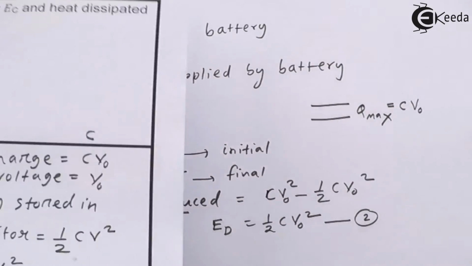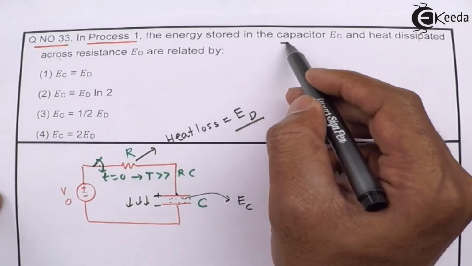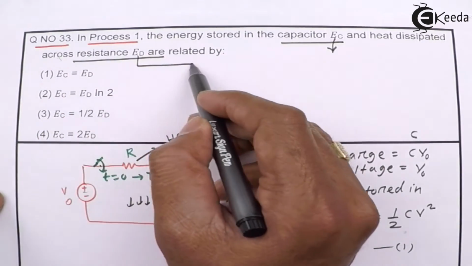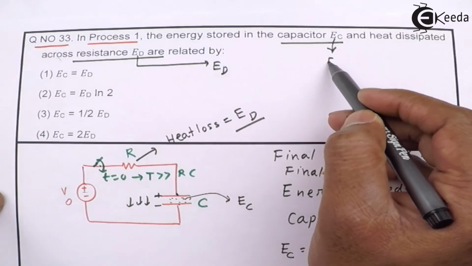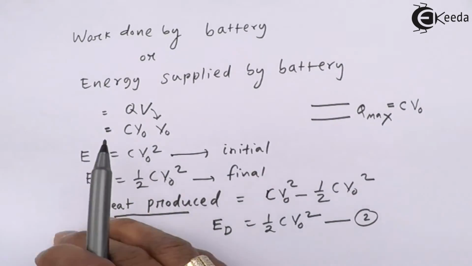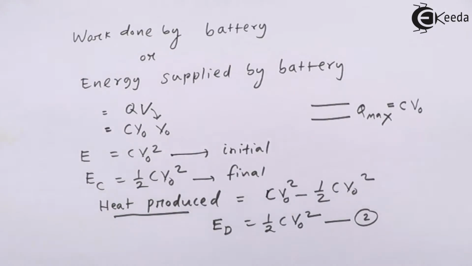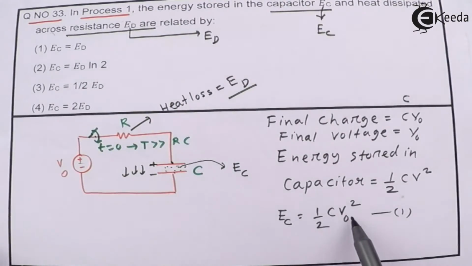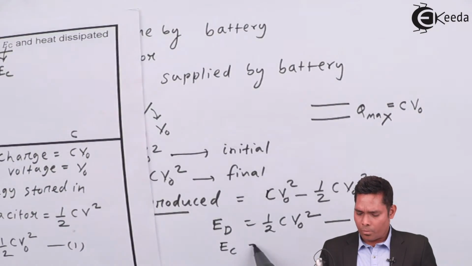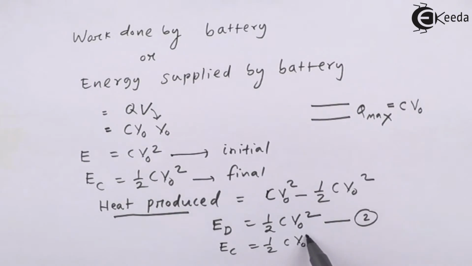Now our aim is to compare the energy stored in the capacitor, EC, with the energy lost in the resistor in the form of heat, ED. We have to compare these two. ED is coming out to be half CV0 square, and we have just calculated EC from equation 1 is also half CV0 square. How are they related?